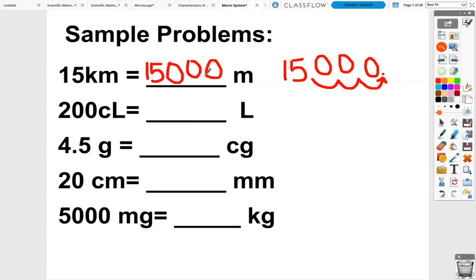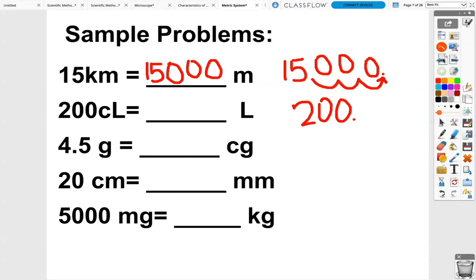We'll go through pretty quickly and do the rest of these problems. On the next one, I'm calculating centiliters to liters. So I'm going to rewrite over here my 200. Now, understanding that again, my decimal, even though it's not written there, is right after the ones position, right after that last zero.